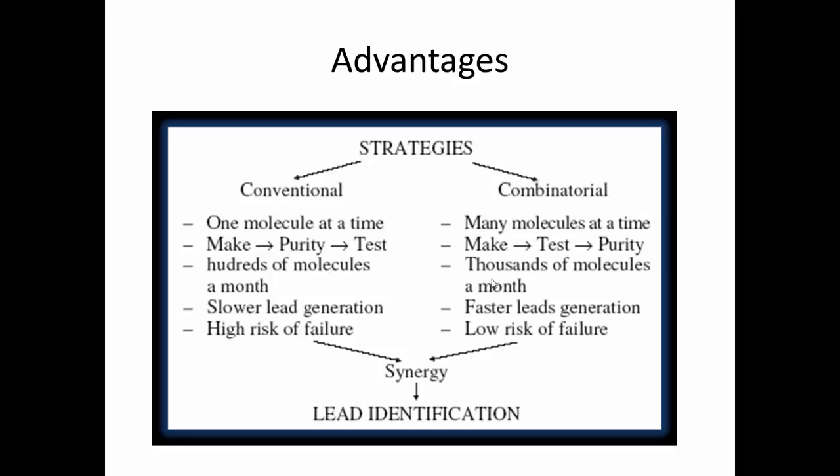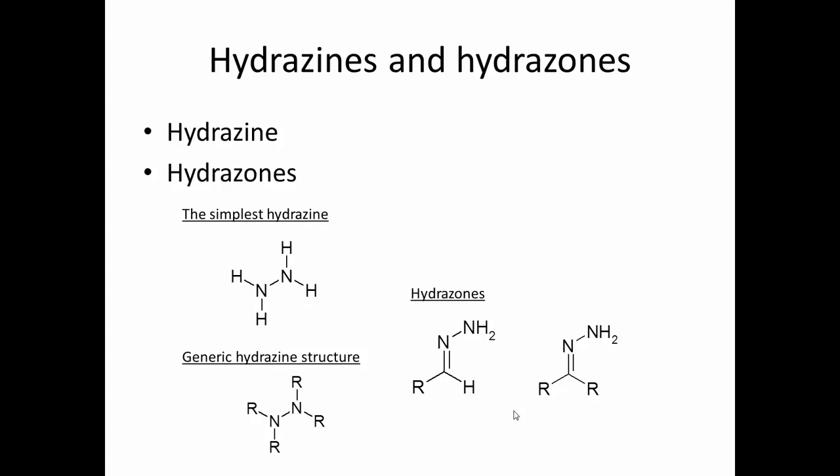In combinatorial, we can look at thousands of molecules a month. Slower lead generation as a result of only looking at hundreds of molecules a month. Much faster if we're looking at more molecules in a unit of time. Conventional strategy comes with a high risk of failure. Combinatorial, you're lowering your risk of failure because of a lot of these other advantages. And that will lead to lead compound identification.